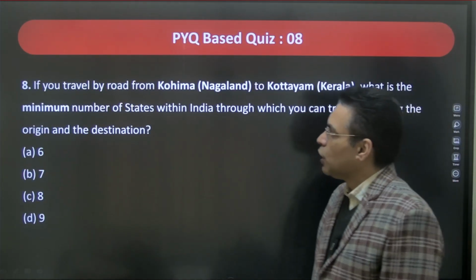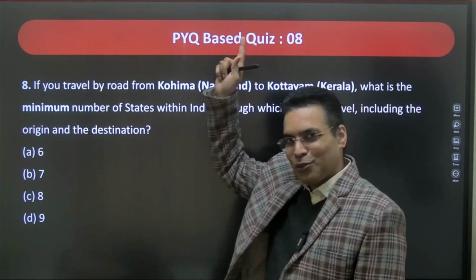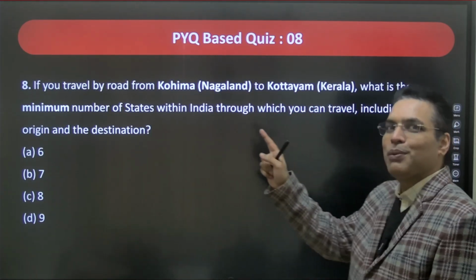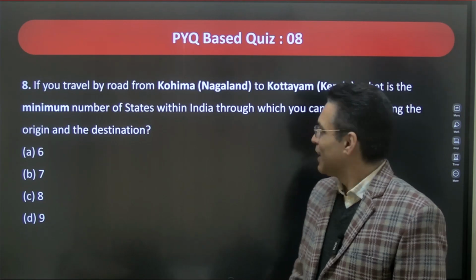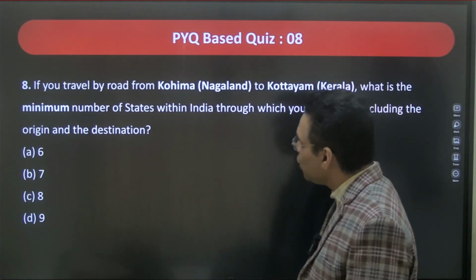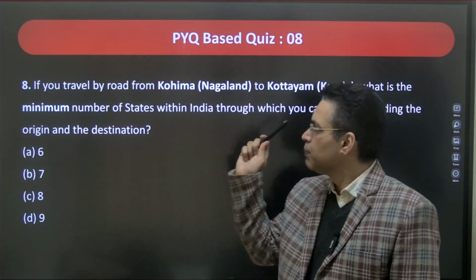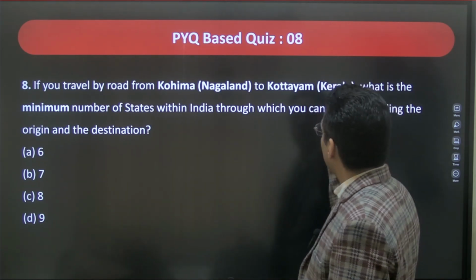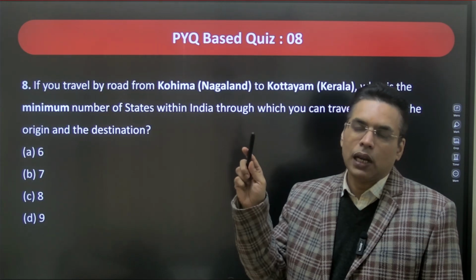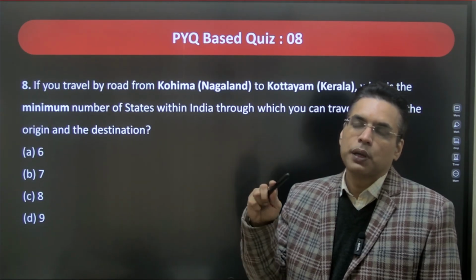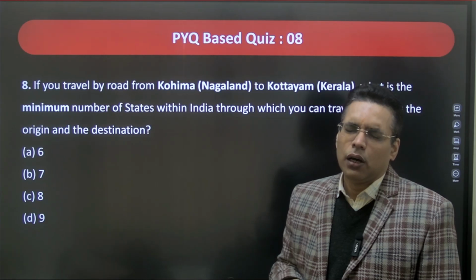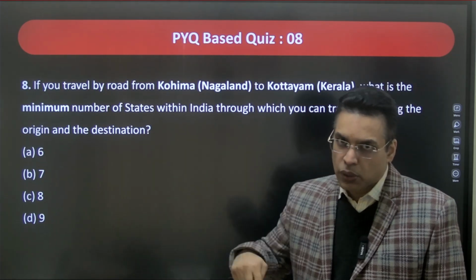Okay, now if you travel from Kohima, remember Kohima is in Nagaland, to Kottayam in Kerala, what is the minimum number of states you can pass through, including the origin and destination, which means Kerala and Nagaland both should be included? So you can look at Nagaland, then Assam, then West Bengal, then Odisha, then Andhra Pradesh, then Tamil Nadu, and then Kerala.